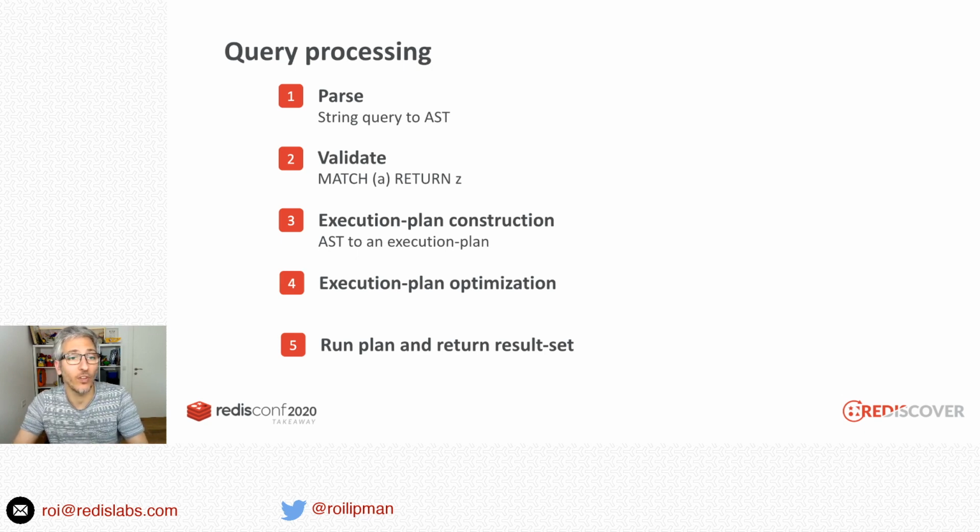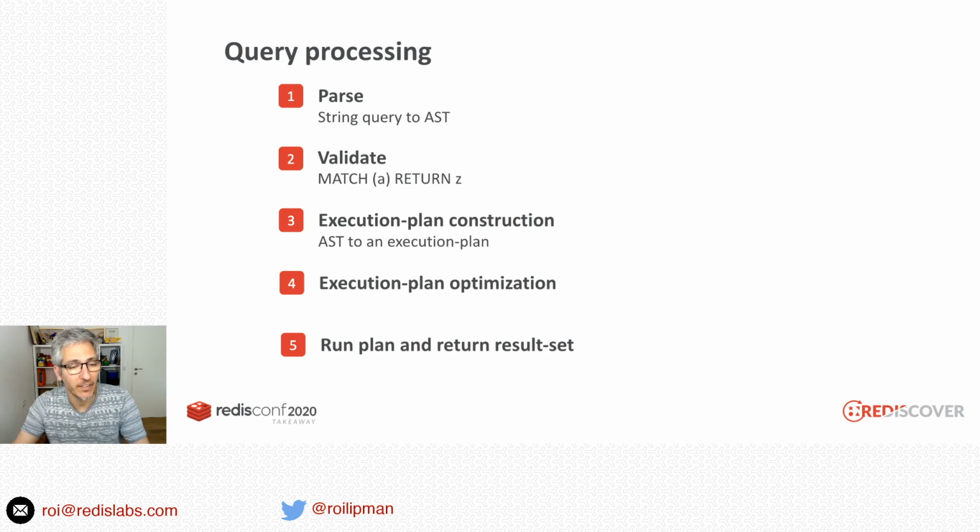Next up, once the parser was able to produce an AST, that AST is passed through a set of validations, making sure that not only the query is well constructed, but also that it passes a certain set of validations.